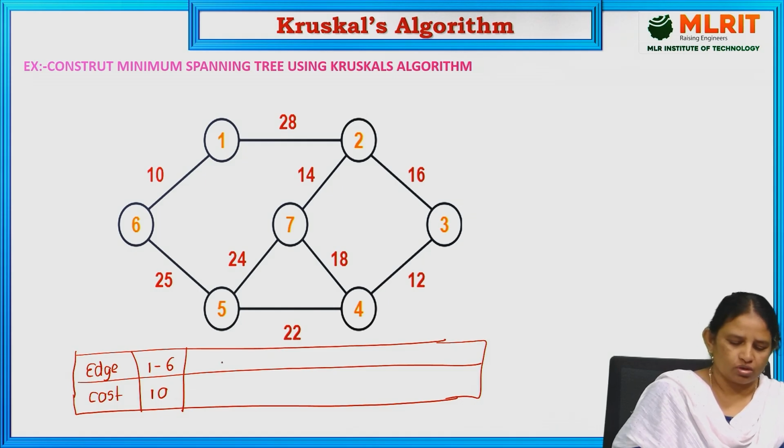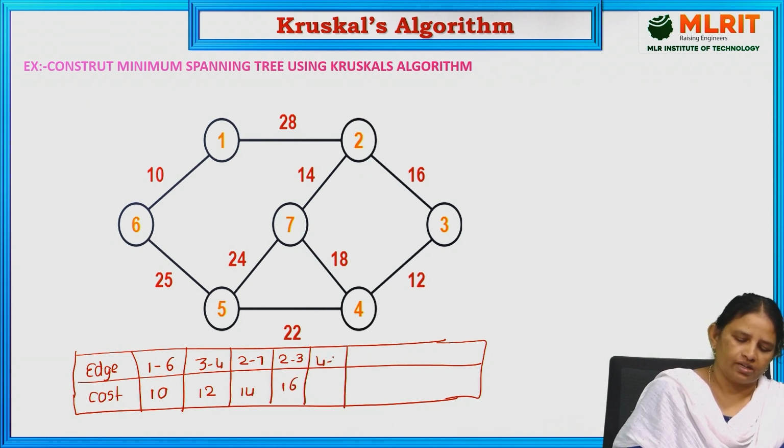Next least cost is 3 to 4, cost is 12. Next least cost is 2 to 7, cost is 14.